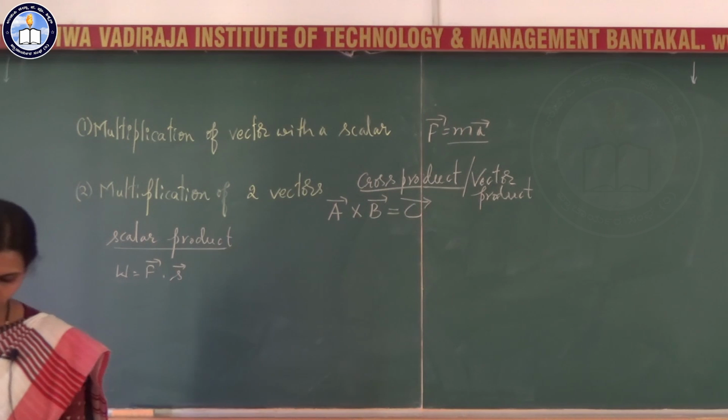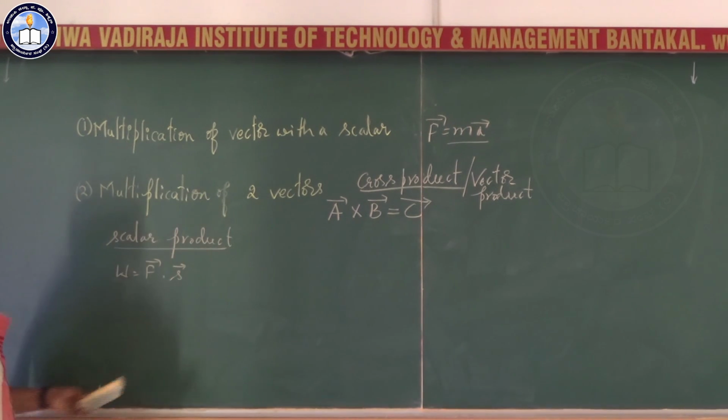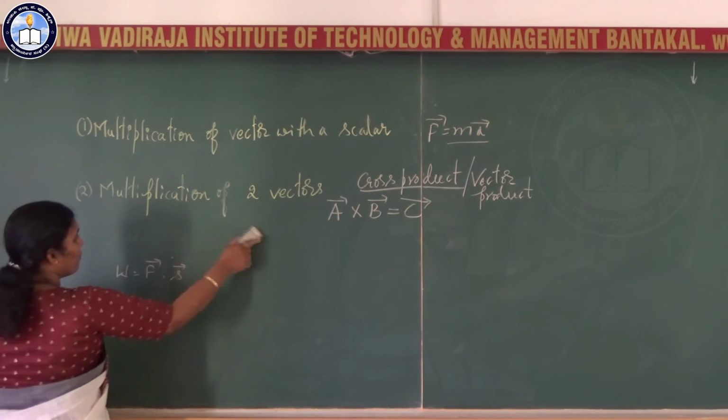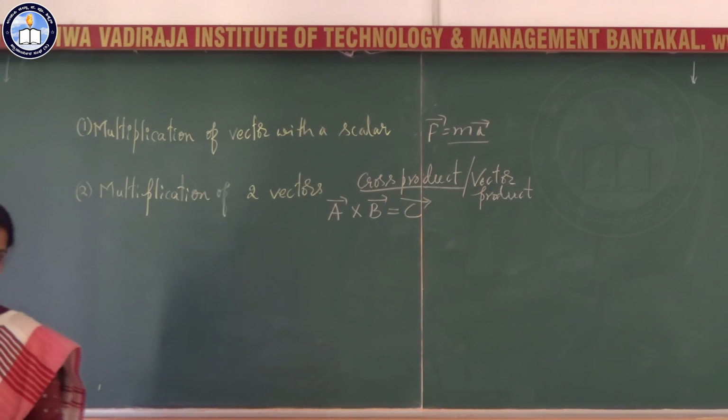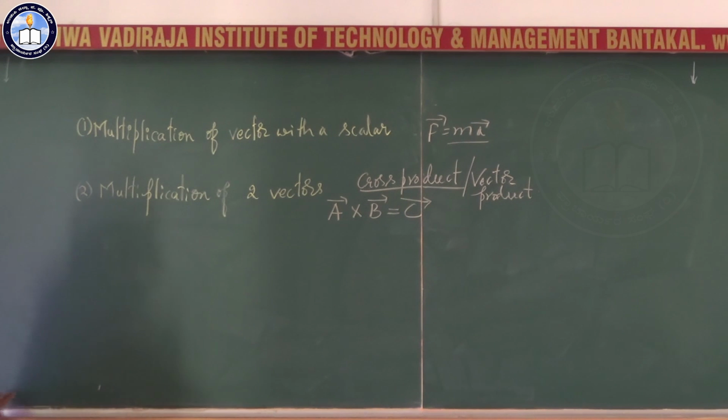So, what is a cross product or vector product? Whenever we multiply two vectors, if the answer is again a vector, then we call such a product a cross product or vector product.